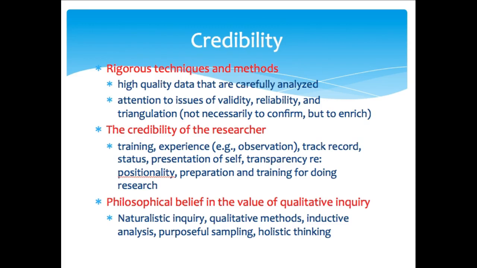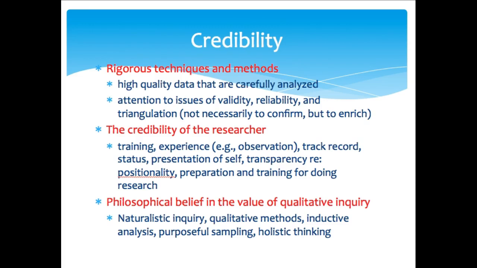So just as a quantitative researcher needs to justify the particular instrument they have used for their theory, or for their survey rather, for example, the qualitative researcher needs to address their credibility through preparation, through training, and all of the things that we've talked about. So I found that a really interesting point, to think of yourself as the instrument.